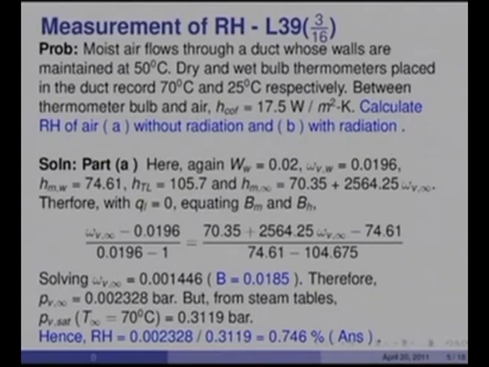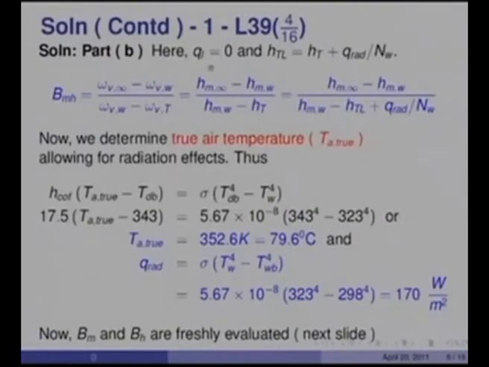But now, we wish to allow for radiation. Does that make any difference to the estimate of relative humidity? Let us look at that in the next slide. In this part, at the wet bulb, as usual, QL will be 0 and HTL will be HT plus Q rad by NW.